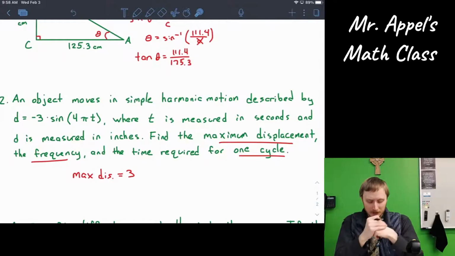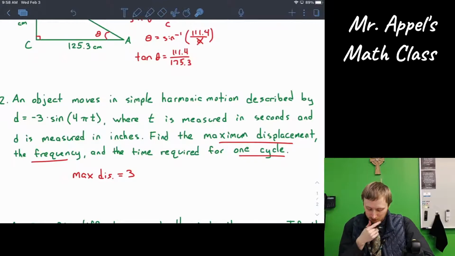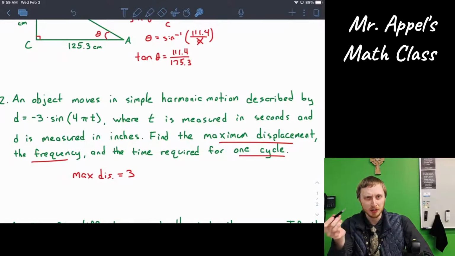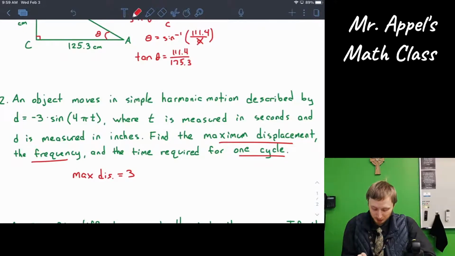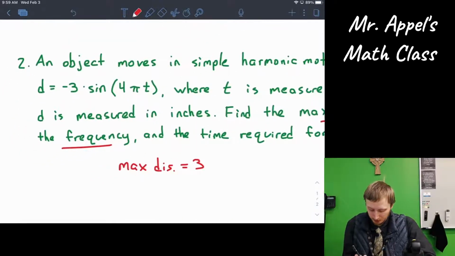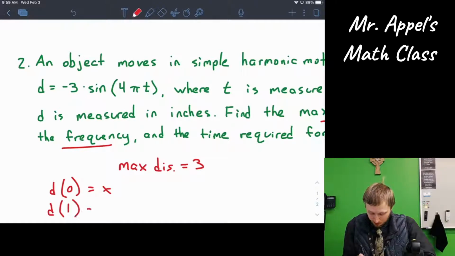And this can be tricky to compute, because what you might think of doing is say, well, I can test it at what is d of 0, and that gives me some value, and try d of 1 second, and that gets me some value, right? And I could look right on the graph.